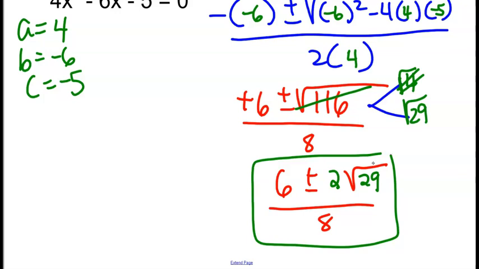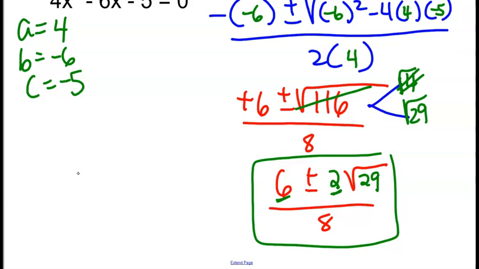So technically, we've simplified this, but sometimes these outside numbers here can also be reduced. So we're going to reduce 6 and 2 by finding a factor that can reduce them that can also go into 8.